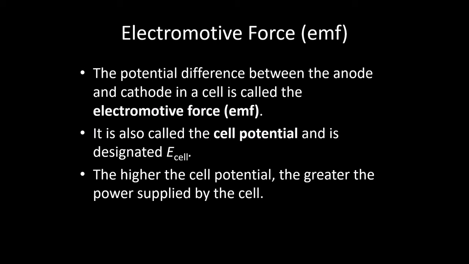Jumping back in here with the electromotive force, which is something we actually discussed in the last video, although we didn't call it that. The electromotive force is the cell potential. It is the voltage of the voltaic cell.